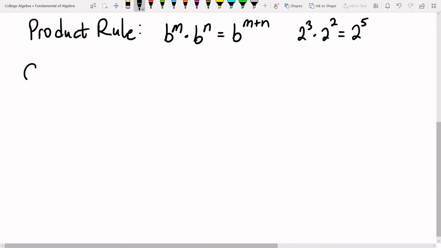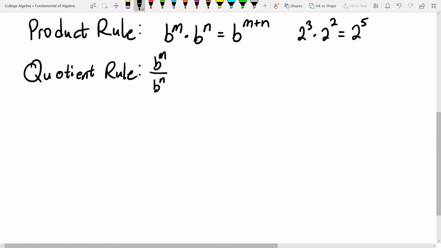I'm going to run through these quite quick because we want to actually start using these in tougher problems. The quotient rule. Here we have some base to a power and the same base to a different power, or the same power, really, it doesn't matter. But in the product rule, right, we multiplied like bases. It led to addition of the powers.